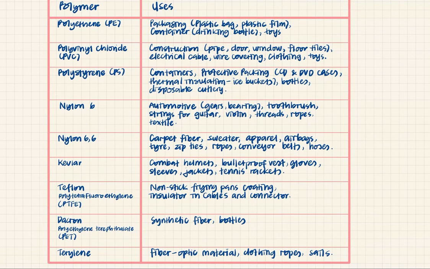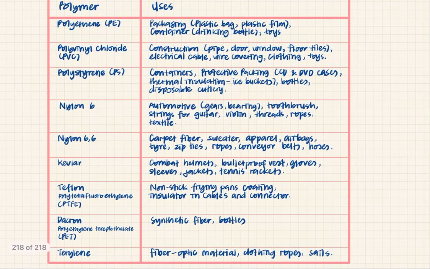Bottles, disposable cutlery. Nylon 6 is stronger. It is used to make automotive gears, meaning for vehicles, and bearings. Toothbrushes, strings for guitar and violin, threads, ropes, textiles. So these polymers are quite strong, and they are things you can use. These are the things that you use in your everyday life.